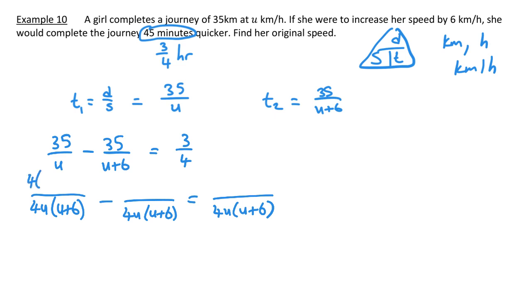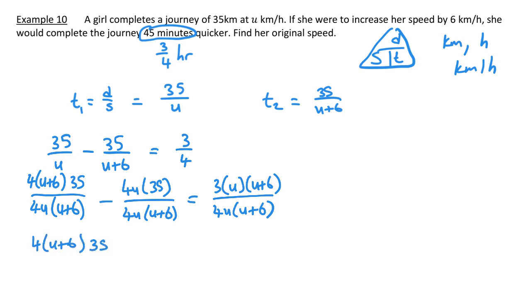So we'll have 4 times u plus 6 times 35. The next one we're going to need 4u and 35, and we'll have 3 and u plus 6. So the denominators are the same, so we can ignore those. And then we've got 4 times u plus 6 times 35 minus 4u times 35 equals 3u times u plus 6.